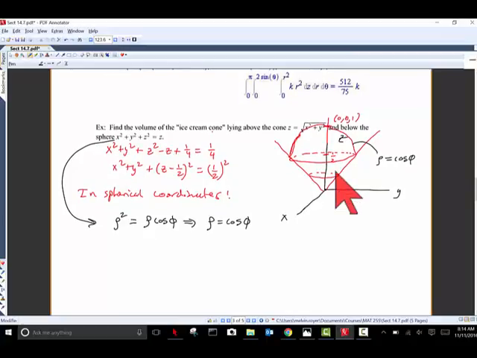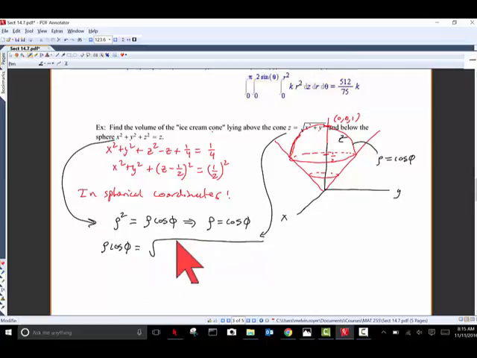Regarding the cone, z equals square root of x squared plus y squared. So this will take a little working out. I'm taking this equation and getting rho cosine phi equals square root of, and now in spherical coordinates, unfortunately the x and y variables are a bit complicated.